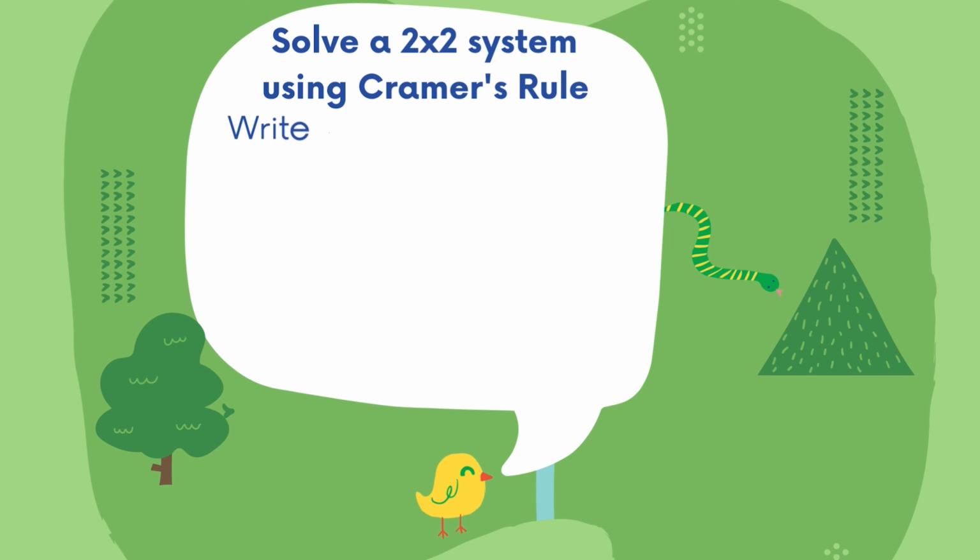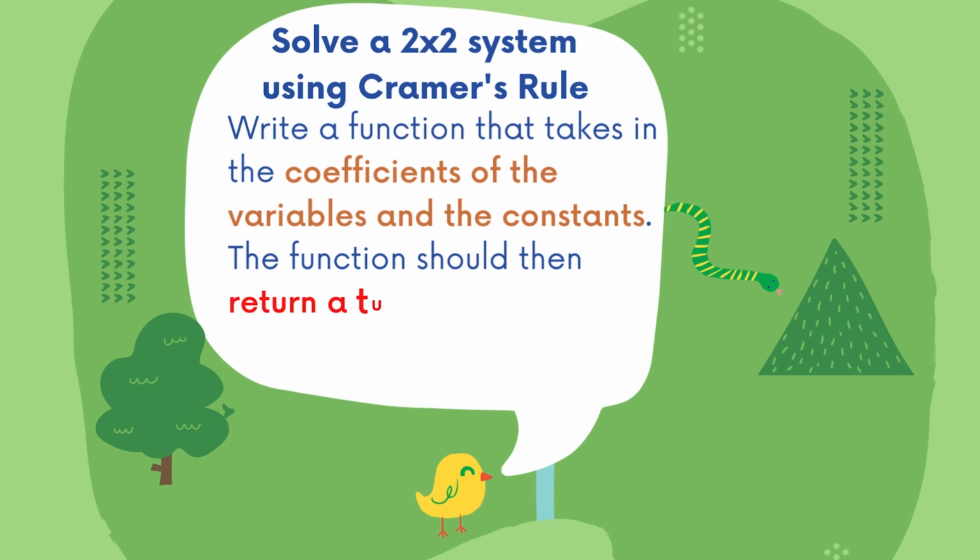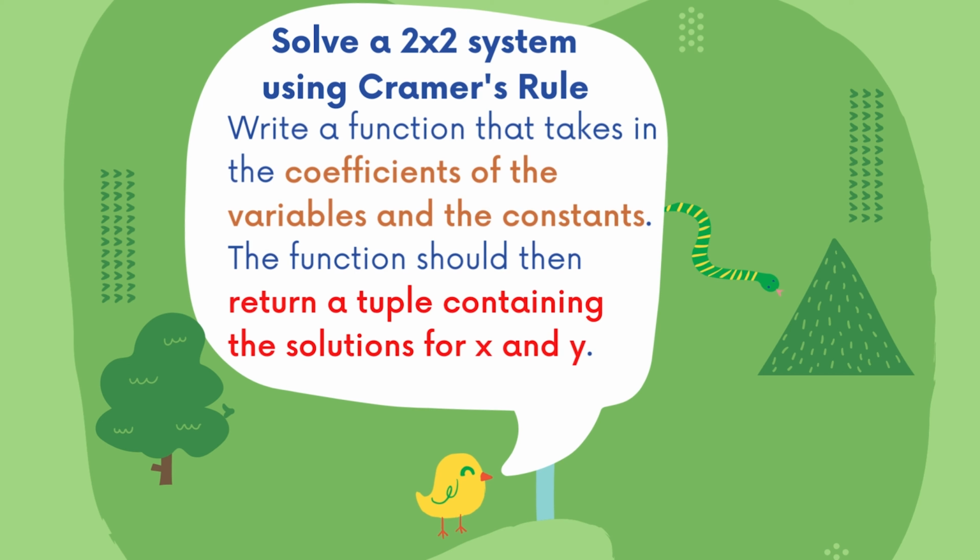Now that we know how to solve a 2x2 system using Cramer's rule, let's put it into practice with the code challenge. The challenge is to write a function that takes in the coefficients of the variables and the constants. The function should then return a tuple containing the solutions for x and y.